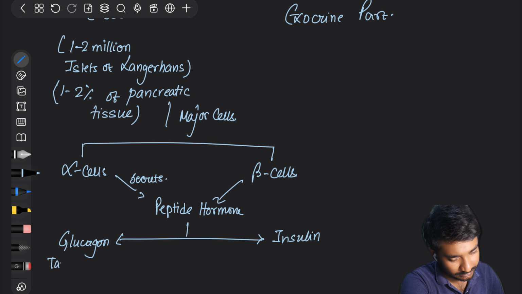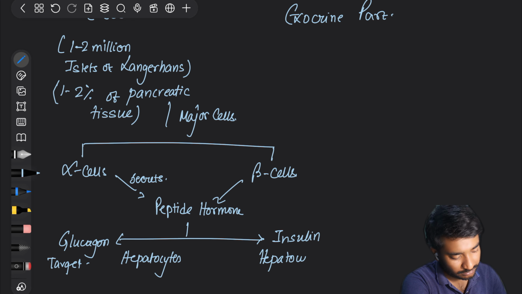Its target is hepatocytes or adipocytes.